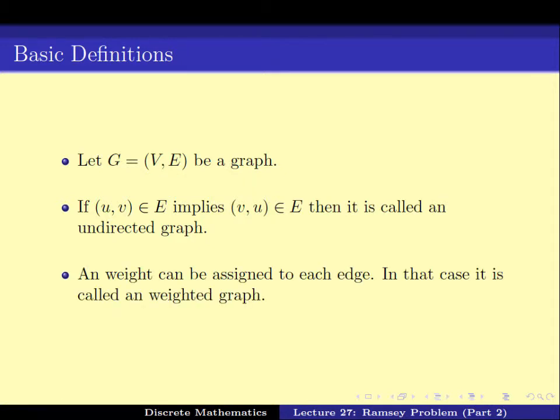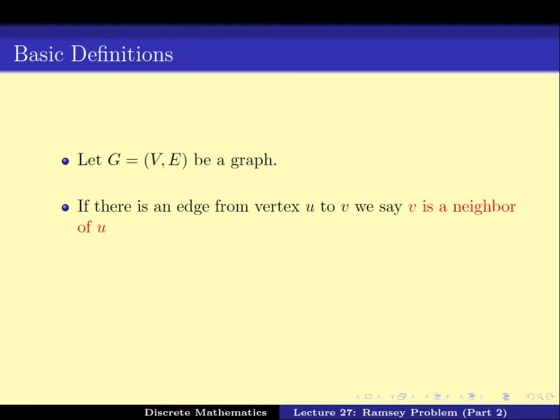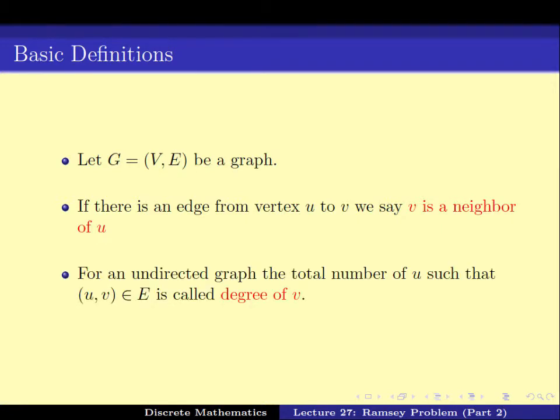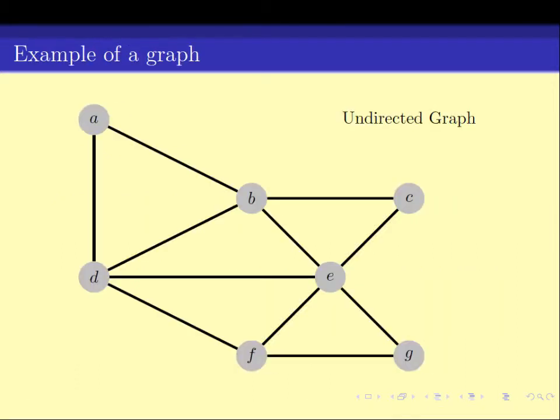We can also have weights assigned to edges, and if there is an edge from u to v, then we say that v is a neighbor of u, and in an undirected graph the degree of v is the total number of neighbors of v. So pictorially, this is the set of vertices.